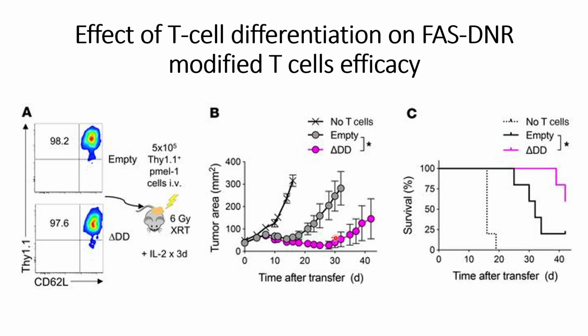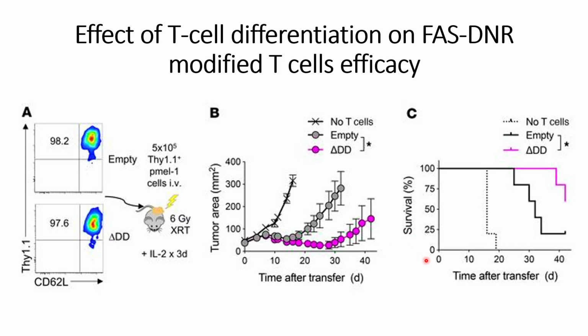And in the case where they inject the modified T cells that have the FAS-DNR, where the intracellular domain of the FAS signaling has been truncated, they see the tumor area increases very slowly. Even after 40 days, they see the tumor area increase at a very small rate.